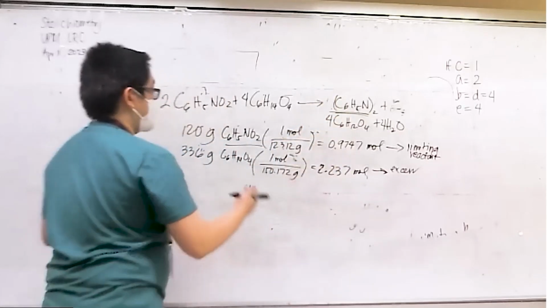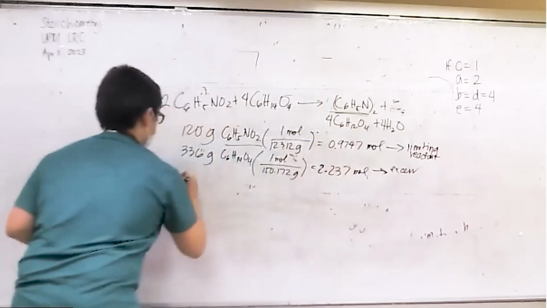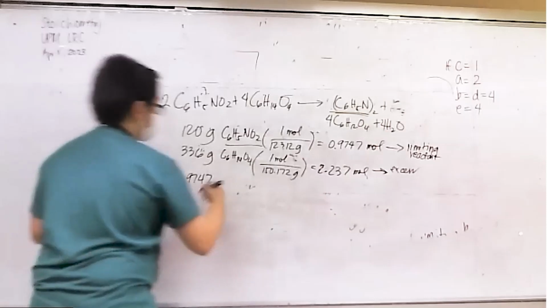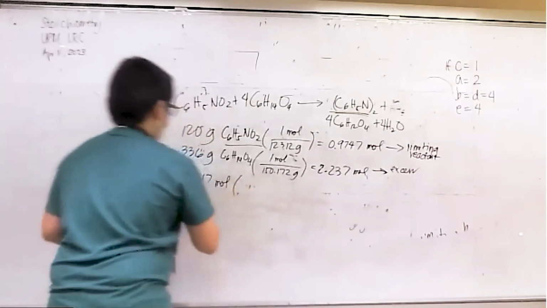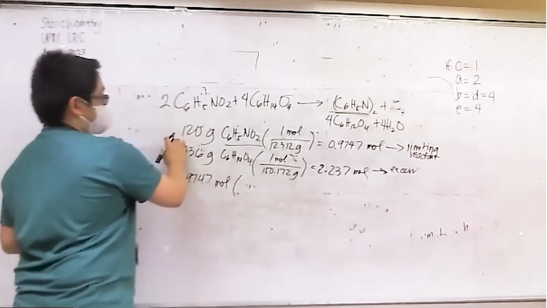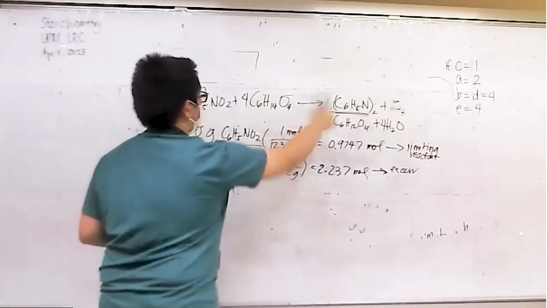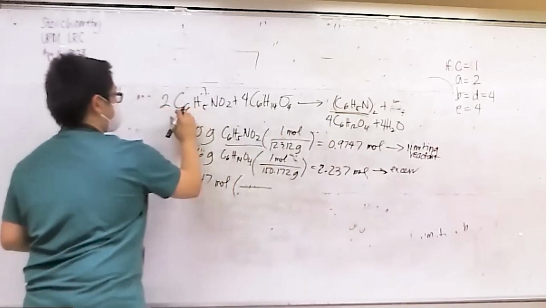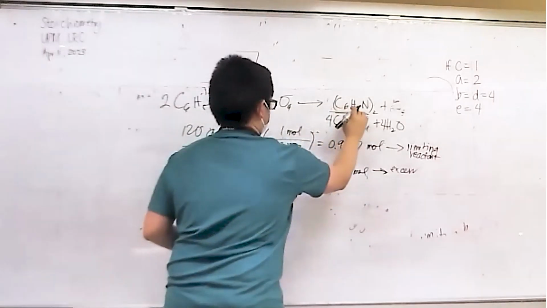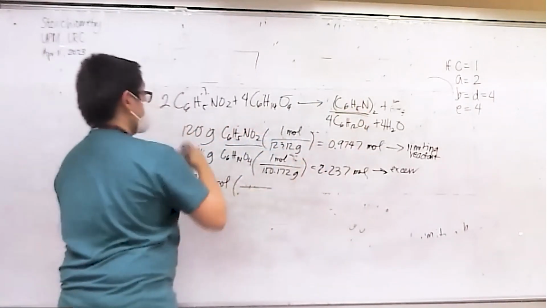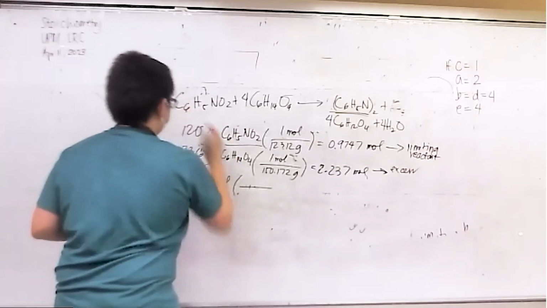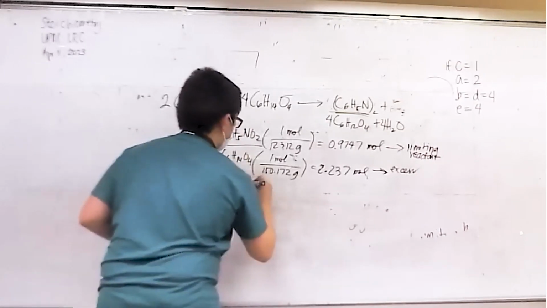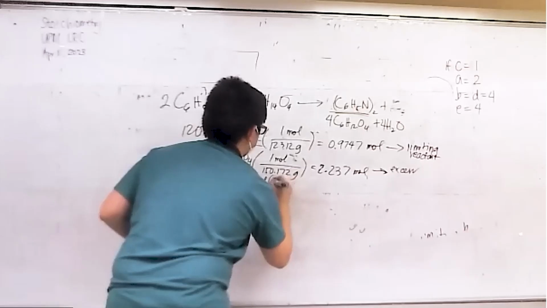So from our moles, I'll just write this, pero since, like I said, don't round off, yung 0.9747 moles, since ito nga yung limiting reactant natin, ito yung convert natin from here. So, as you can see, 2 moles of nitrobenzene is 1 mole of azobenzene. So, we write itong 2 moles of this one, tapos 1 mole, write ko na rin yung formula para hindi nakakalito.